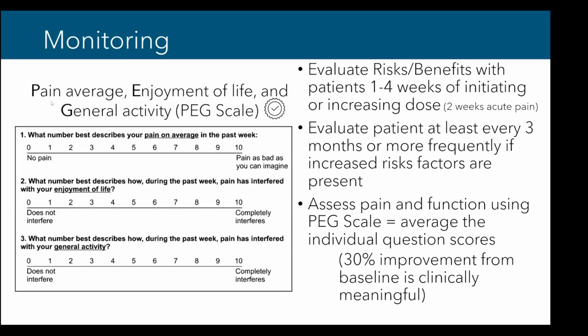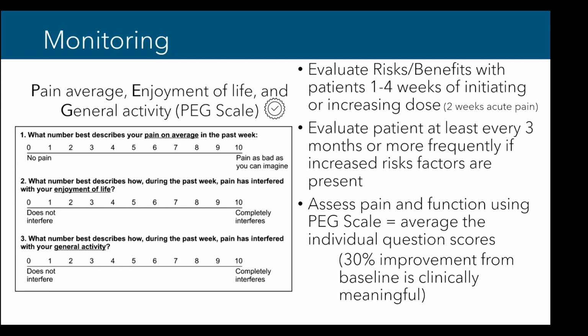Moving on to monitoring. After dosing adjustments or initiation of a medication, patients should be evaluated within 1 to 4 weeks according to the CDC. But for acute pain, the CDC specifies patients should be evaluated at least every 2 weeks. Otherwise, patients who are taking opioids for subacute or chronic pain should be evaluated at least every 3 months.